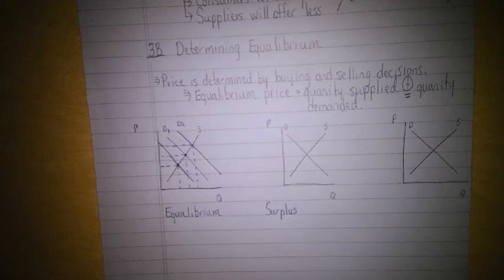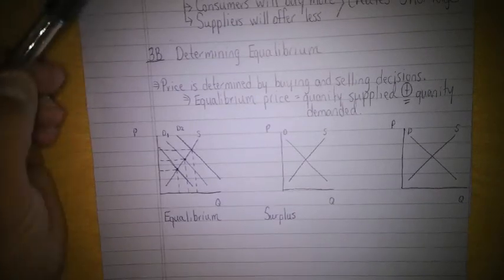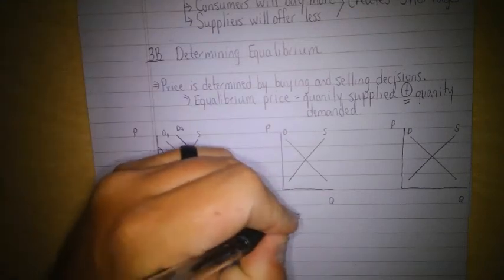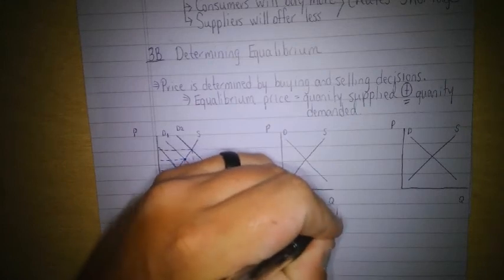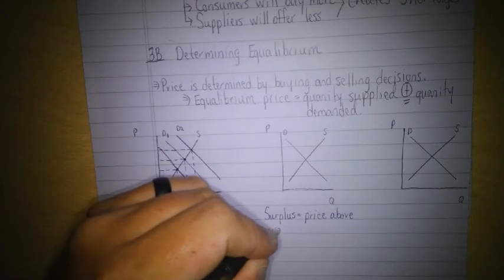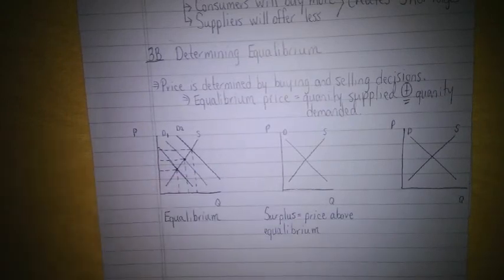So, what is a surplus? It says if the price is above equilibrium. I think we put that at the top of your paper, didn't we? Yes. So, surplus equals price above equilibrium. Now, guys, use common sense.